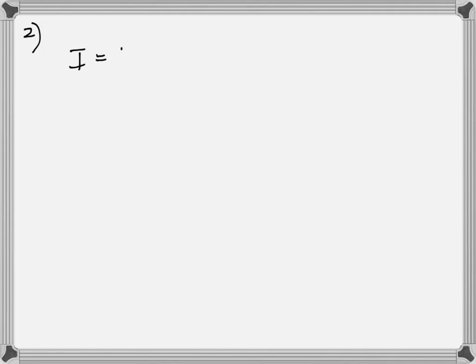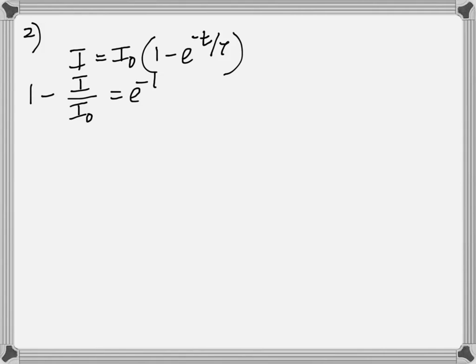Question number 2. That's the formula for increase or growth of current in an LR circuit, which you rearrange to make tau the subject. That's the time constant.